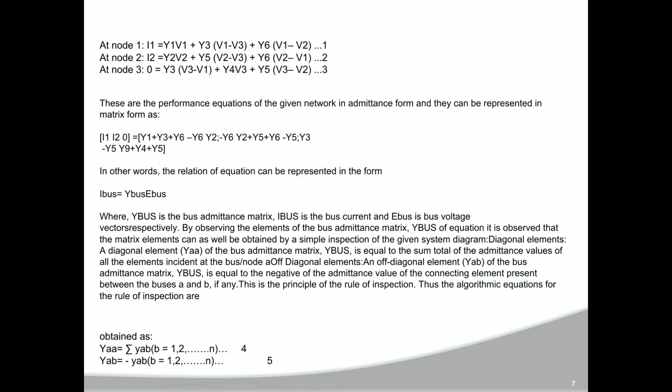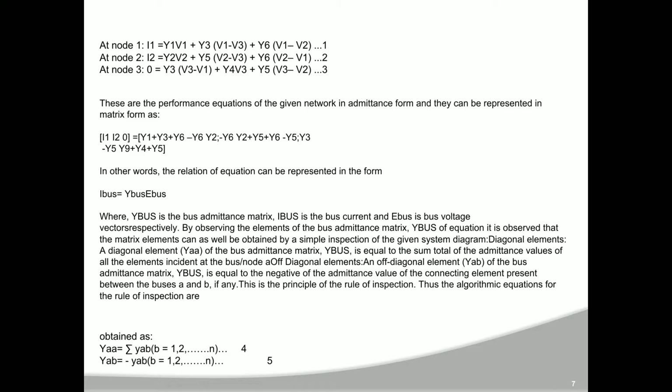At node 2, I2 is equal to Y2 V2 plus Y5 (V2 minus V3) plus Y6 (V2 minus V1), as equation 2. And at node 3, 0 is equal to Y3 (V3 minus V1) plus Y4 V3 plus Y5 (V3 minus V2), as equation 3.